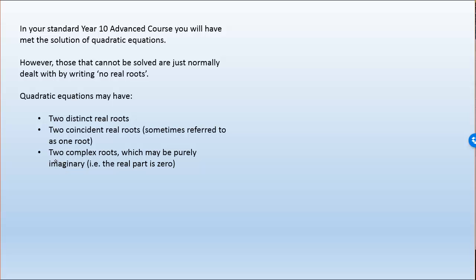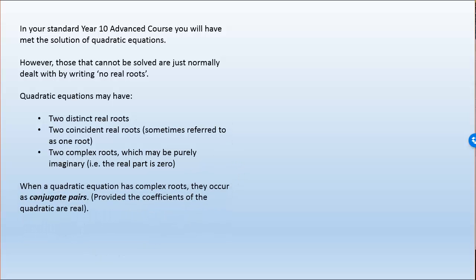However, we can have two complex roots. They may be purely imaginary, i.e., it's a complex number with a zero real part. When a quadratic equation has complex roots, they occur as conjugate pairs, provided the coefficients of the quadratic are real.